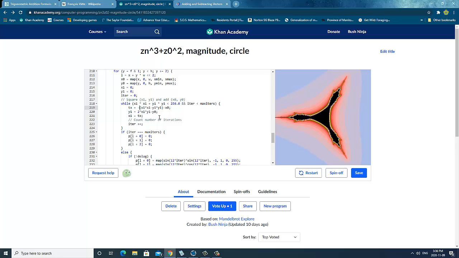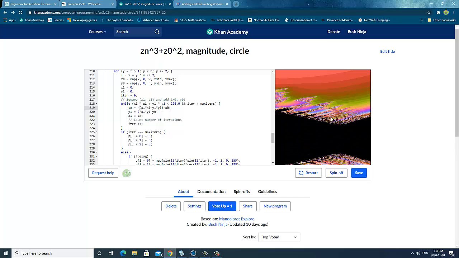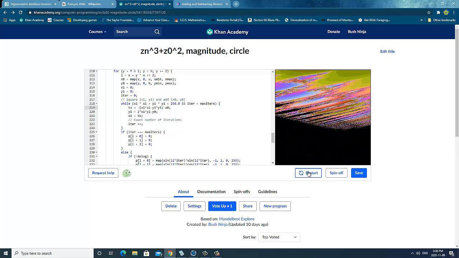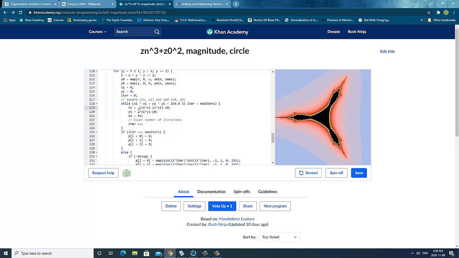Yeah, I have no idea what I just did there. That's kind of cool though. No, that's not cool. Yeah, this is reflection kind of stuff going on.